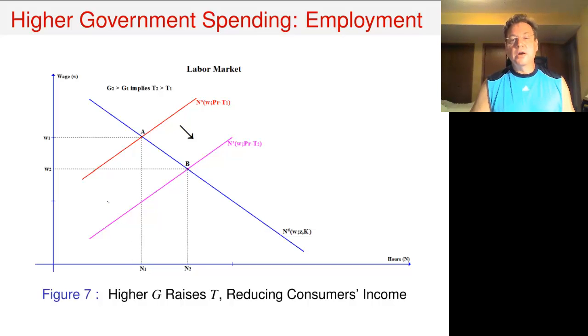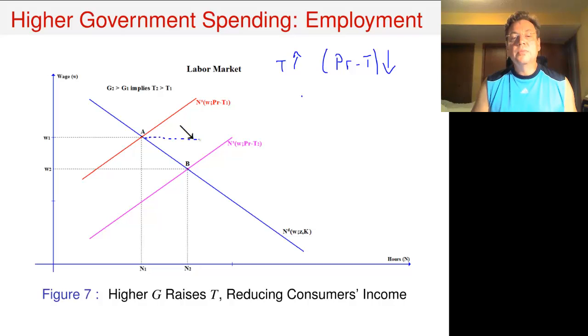In terms of the labor market, what is going on, remember, is that taxes have gone up. That means that the consumer's income, PR minus T, falls, and that reduces demand for leisure. And a reduced demand for leisure amounts to a rightward outward shift in the supply of labor.